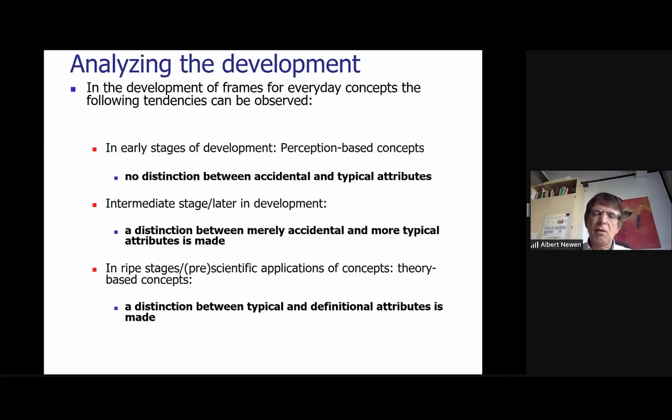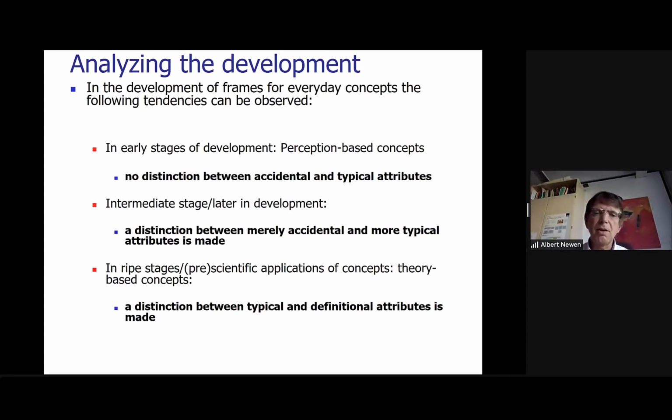What is the general characteristic of this organization of understanding concepts? We may even start with non-conceptual or very early on perception-based concepts, where there is no distinction between the accidental and typical attributes. You just cluster all the associated information together.